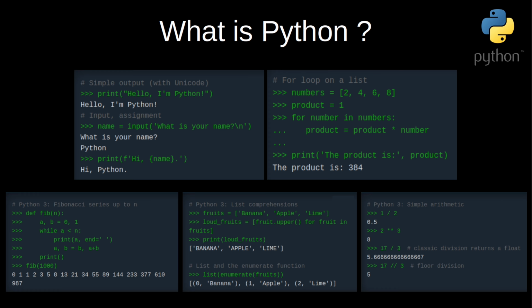So in data science and machine learning, you mostly use it as a script language, but you can also develop any kinds of software with it, and then you probably use more the object-oriented perspective of Python, which is not the object of this course. In this course, we'll show you how to use Python specifically for data science and machine learning, so basically as a script language. So here are some basic core functions of Python.